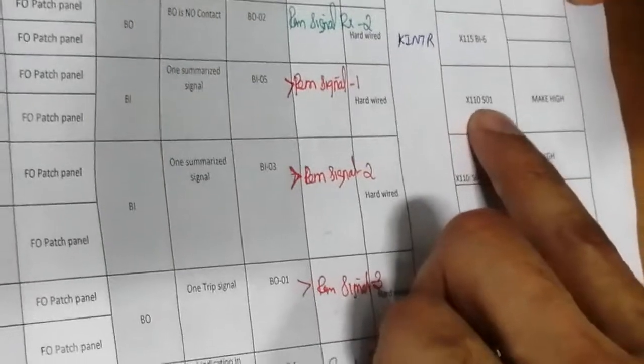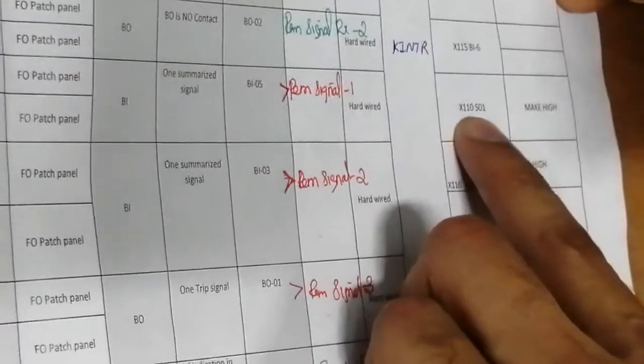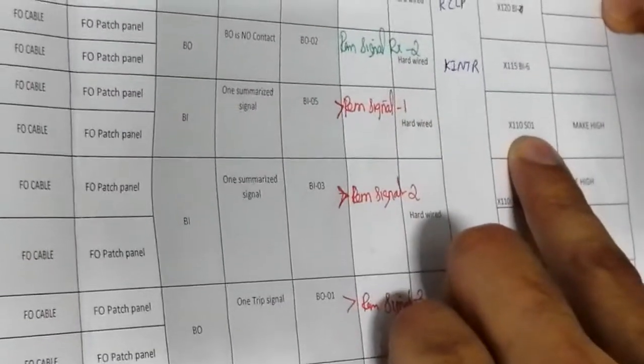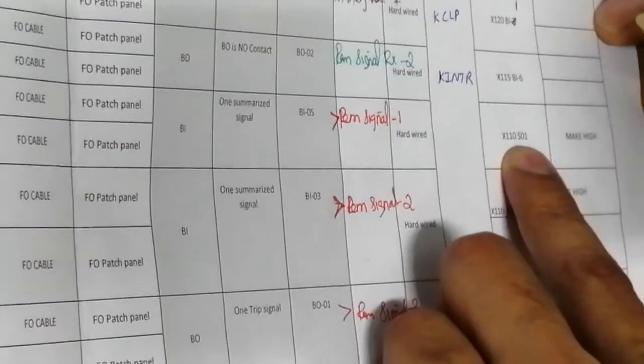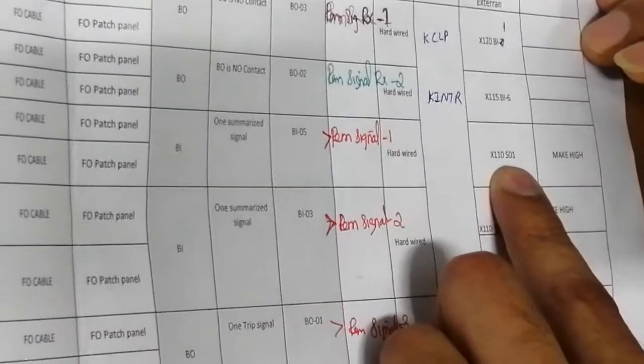So all this information is gathered by the ABB relay, and this ABB relay outputs this signal on X10SO1. So this is the binary output of the ABB relay. So the ABB relay is getting the status of the breaker, the 11 kV breaker, the 11 kV earth switch, and if there is a fault or anything on the 11 kV panel.